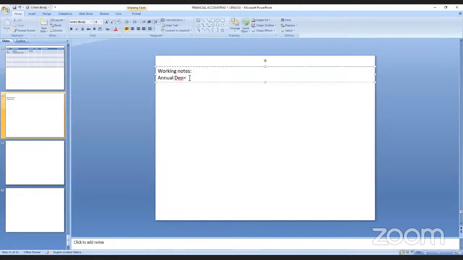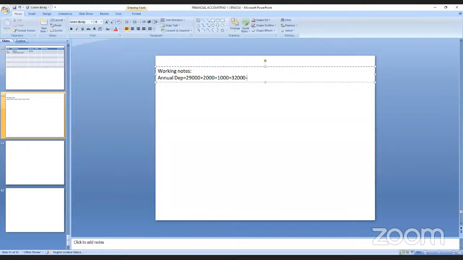The cost of the machine is 29,000. Okay, plus 2,000 plus 1,000. Then what is the total? Yes, someone has given it, very good. It is 32,000. Okay, minus scrap value.